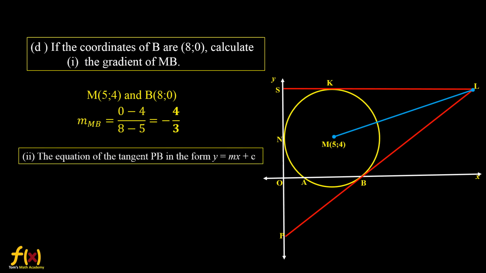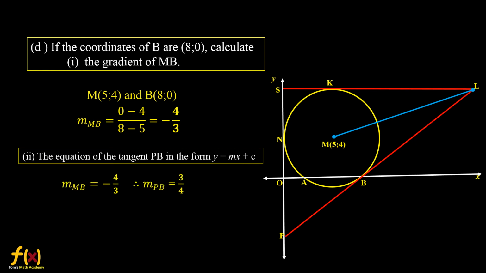Question E, or the second part. The equation of the tangent PB. Now the gradient of the radius is available. Now we have to calculate the gradient of the tangent. Tangent is perpendicular to the radius.